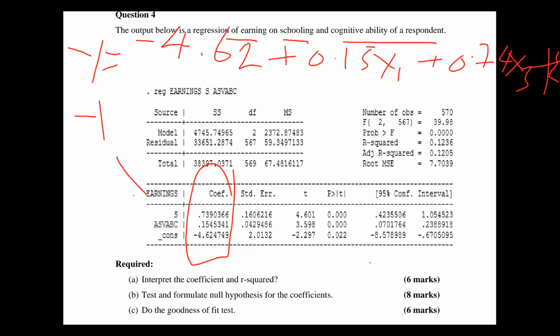So I've interpreted the beta naught. For the constant, you can say when schooling and cognitive ability of a respondent are zero, then the earnings reduce by negative 4.62 units, because it's negative. Then you can interpret the other coefficients.